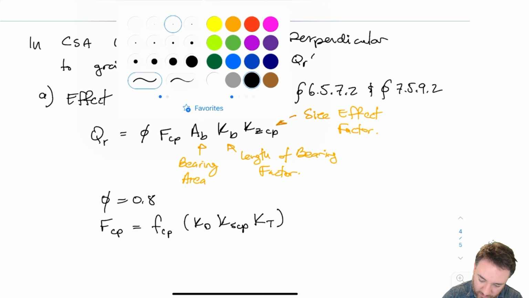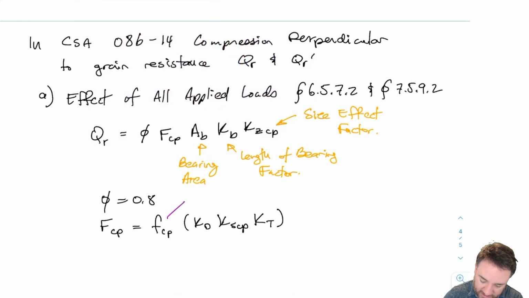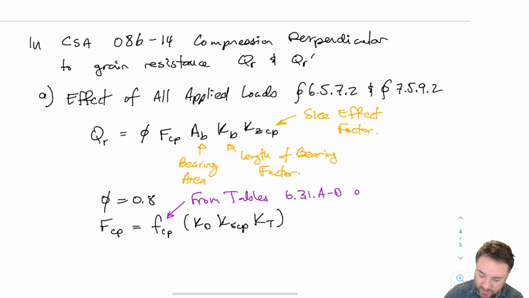Okay, and where do we get this FCP? We get that from our tables: 6.3.1, A through D, if I'm talking about lumber, or 7.3 if I'm talking about glulam.